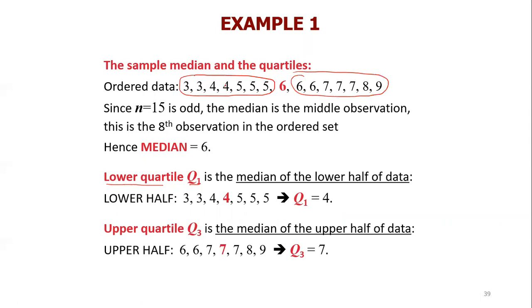The median of the lower half is simply 4, and the median of the upper half is 7. So Q1, the lower quartile, is 4, and the upper quartile Q3 is 7.